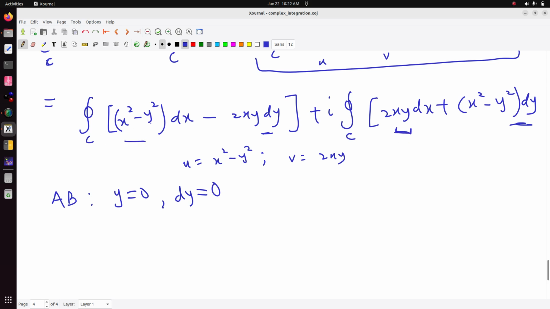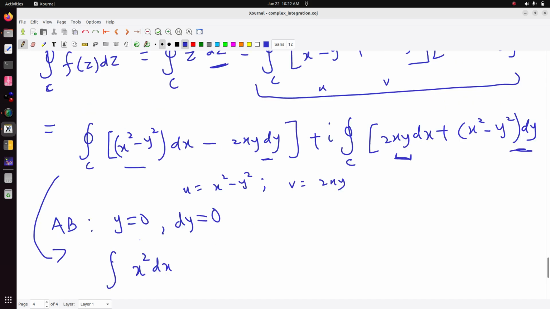Now for this term, y is also 0, so we remove this y, and what we'll be left with is the integral of x squared dx here. In this case, y is multiplying everything, and y is 0, so this term is gone.